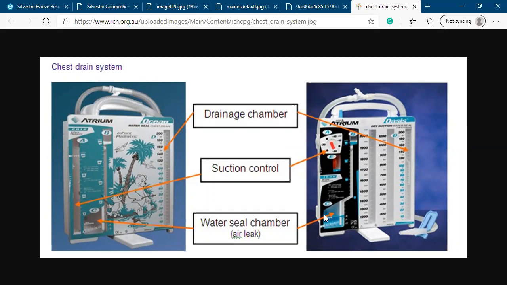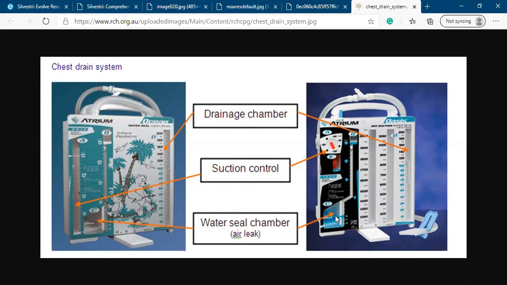If there is no bubbling, it is a bad sign. If there is too much bubbling, it is also a bad sign. Fluctuation of the water indicates the respiration is going on. As I told you, in the water seal chamber we have to get some bubbling, but whether it is continuous or intermittent bubbling is important to know.